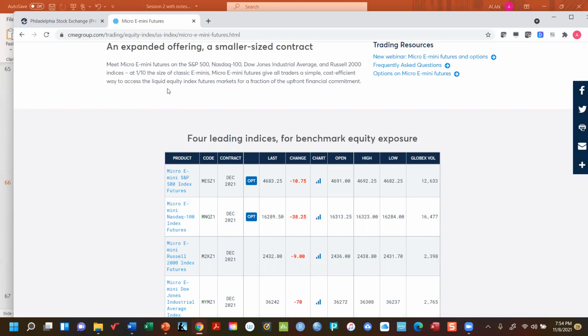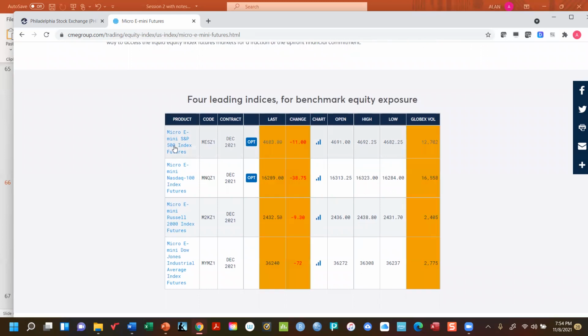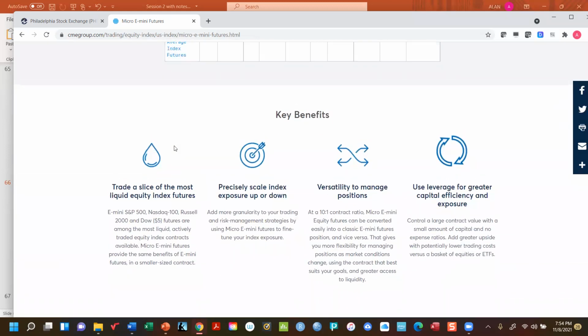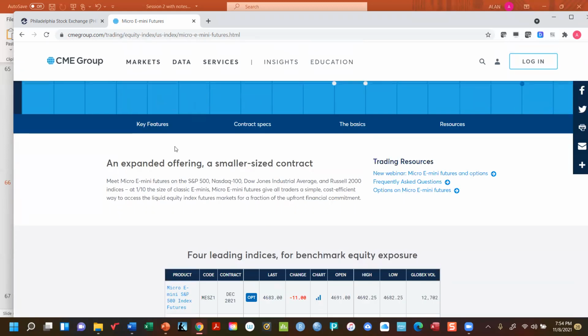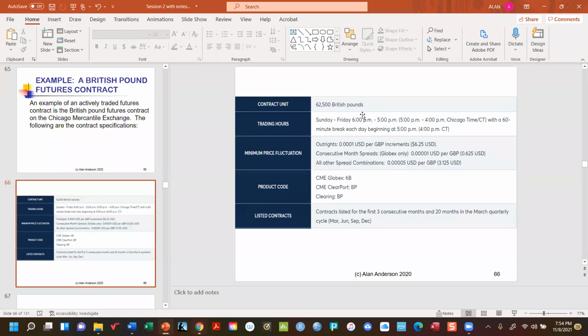Well, the minis themselves were a tiny percentage of the original futures contracts. So these things must be really small. I wonder how many. Well, it doesn't say here exactly, but the reason for this is because it's easier for investors or hedgers, because they may not need such large amounts. I mean, who needs 62,500 pounds?